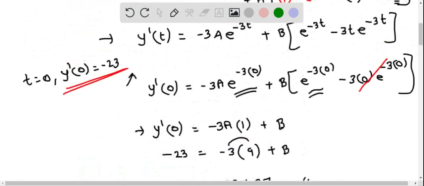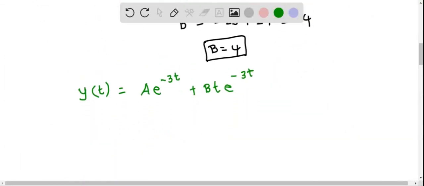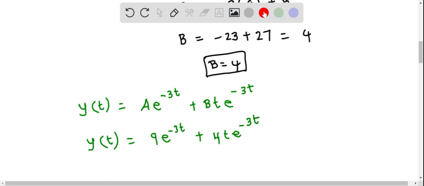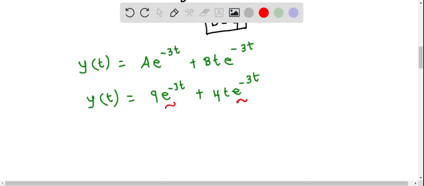So we will replace a equals 9 and b equals 4 in this general solution. Therefore, this becomes y of t equals 9 times e raised to the power of negative 3t plus b is 4, so this becomes 4 times t e raised to the power of negative 3t. We now see that we have the common factor e raised to the power of negative 3t in both terms. So we can factor this.